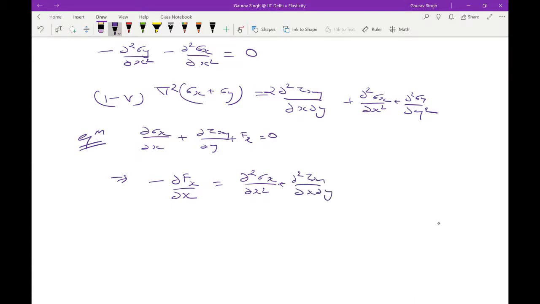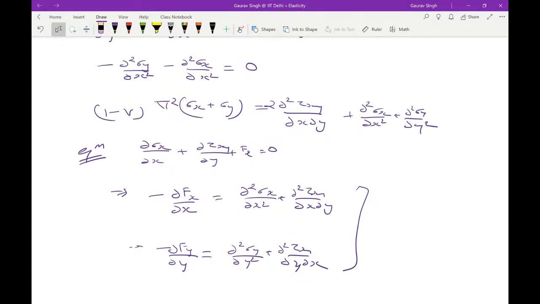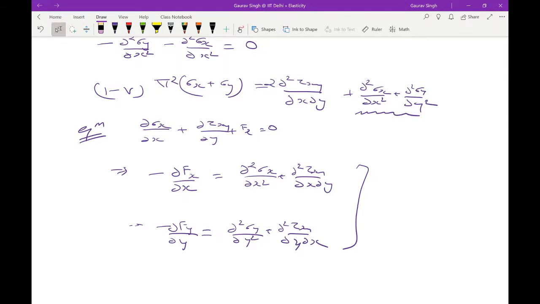Similarly, you should write the other equilibrium equation, and then you have minus ∂fy equal to ∂²sigma y/∂y² plus ∂²tau xy/∂y∂x. Now you can see that this quantity can be written entirely as minus of ∂fx/∂x plus ∂fy/∂y.